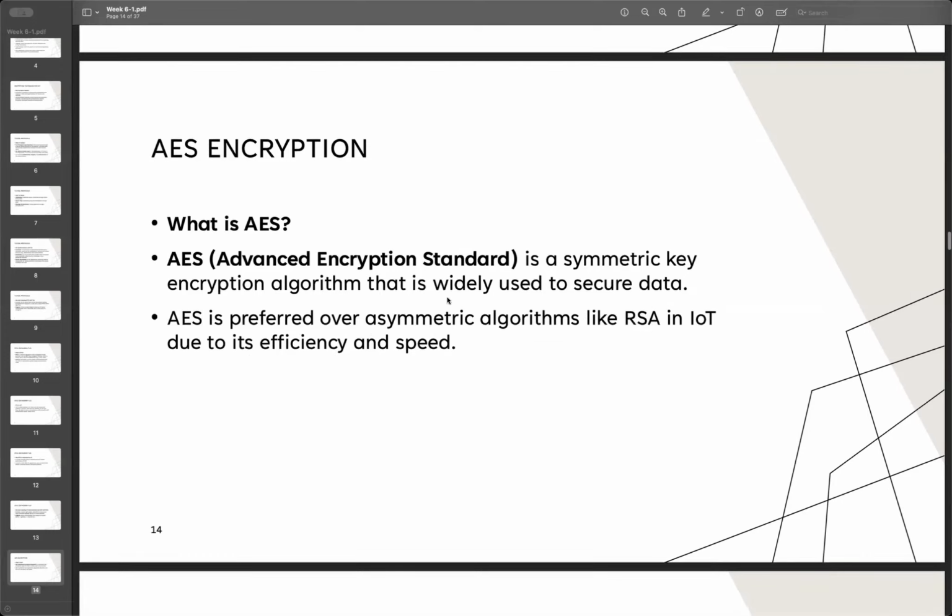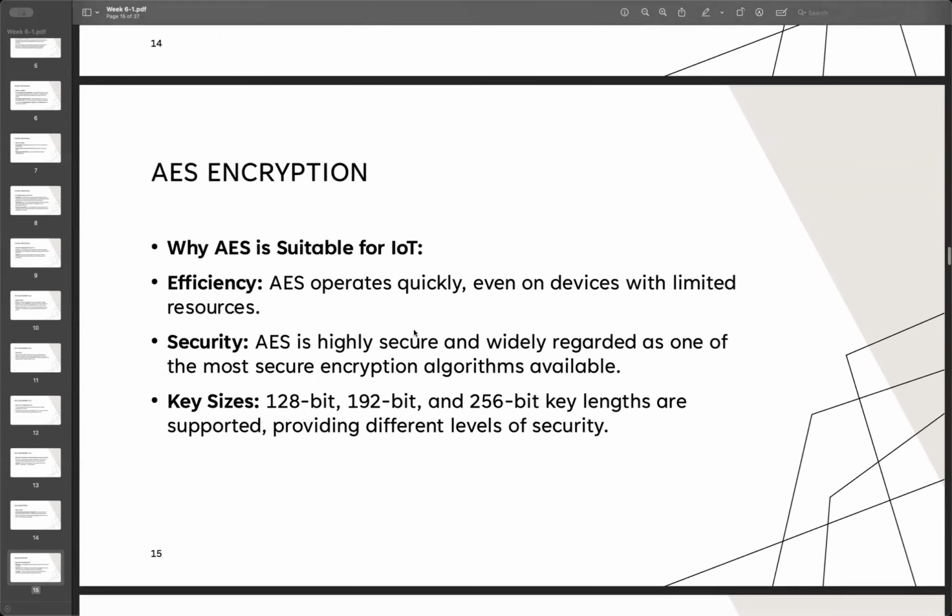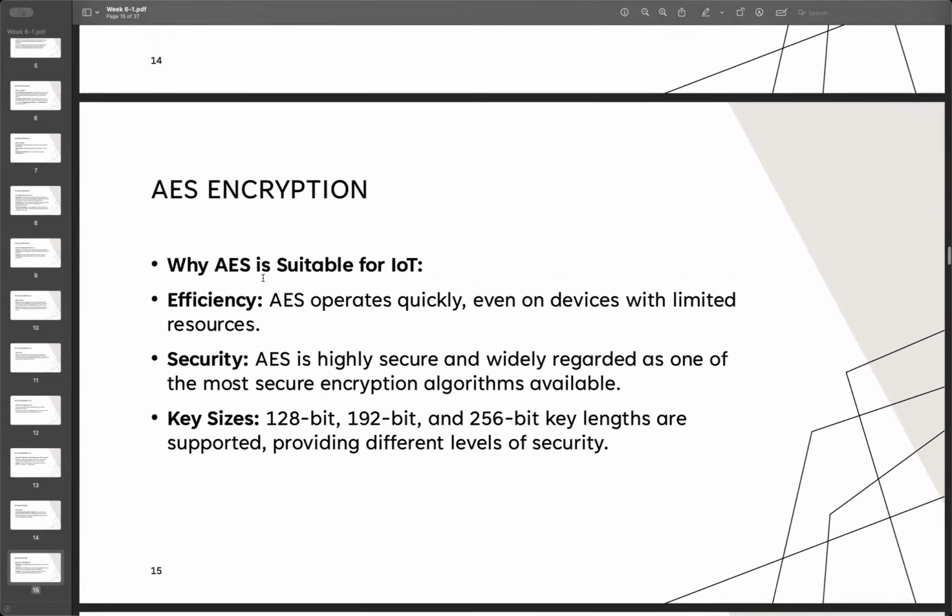So we use the symmetric key, and we share the key. Why is it more suitable? The first thing is that we can operate it quickly. If we have limited resources like processing power and low power consumption, then we can use AES.